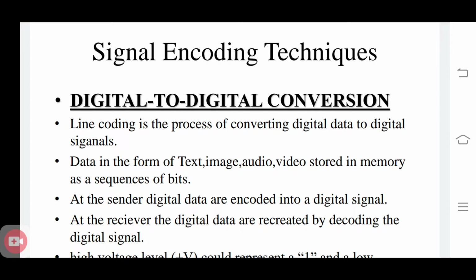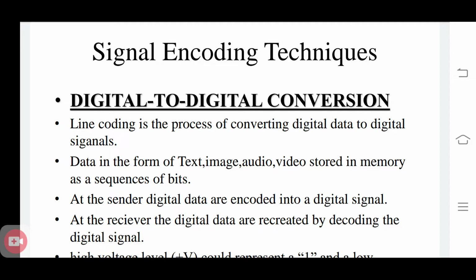At the sender side, we have digital data that is encoded into a digital signal. The digital signal is transmitted through the medium. At the receiver side, the digital data is recreated from the digital signal. That is the process behind this.